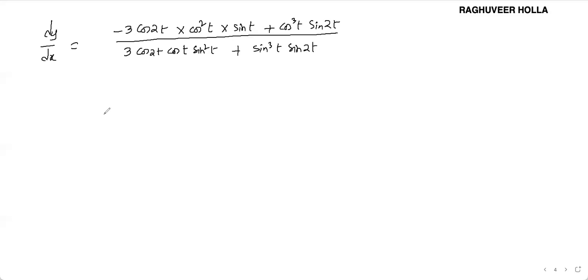Now further simplifying, let us take sin common, and then after simplification we get dy by dx as minus cot 3t.